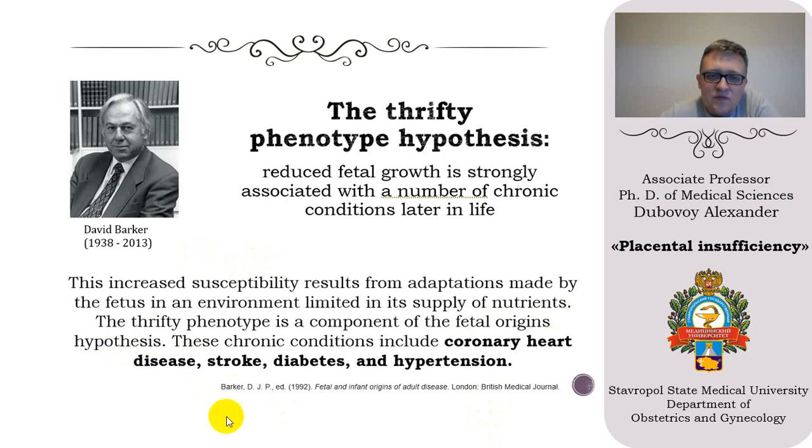The thrifty phenotype is a component of the fetal origin hypothesis. These chronic conditions include coronary heart disease, stroke, diabetes mellitus, and arterial hypertension. And we are now talking about this theory because it's not enough to cope with placental insufficiency at the moment. We must think about the prognosis for health and the prognosis for later life.